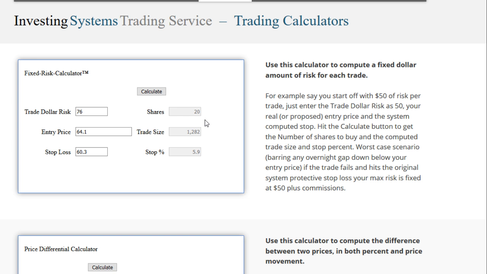So if I remember correctly, I remember reading a couple books about the turtle traders. If I remember correctly, they basically had one kind of setup that they were allowed to take. They had to wait for the stock to drop a certain amount, and then they would buy. I think it was, you can correct me if I'm wrong, buy over a 20-day high or something, or a 22-day, 55-day high.